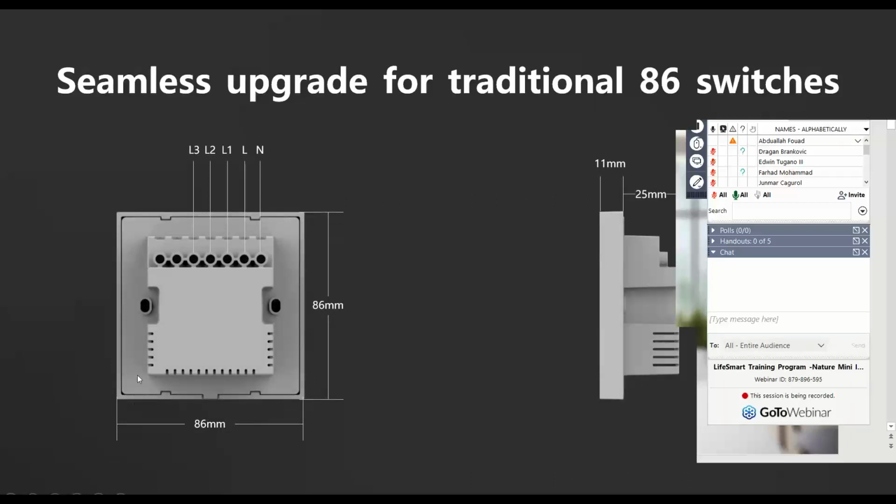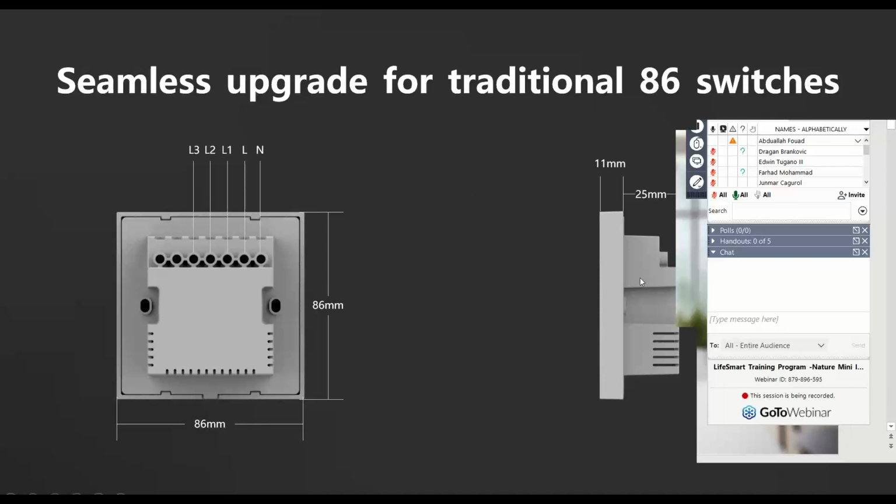So it is also a seamless upgrade for traditional 86 switches, because the size of the lighting switch is 86 by 86 millimeters, and the depth of the back is only 25 millimeters.